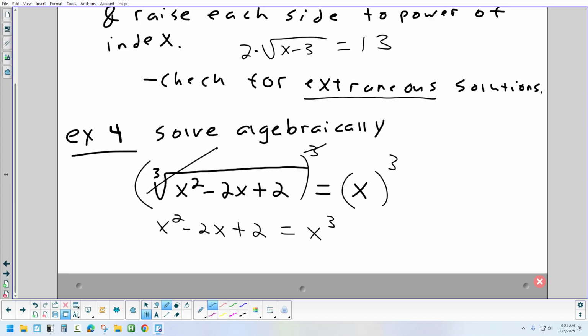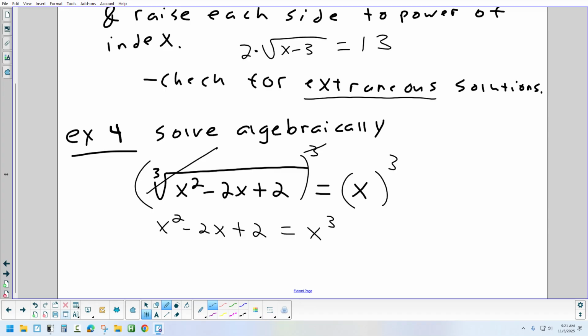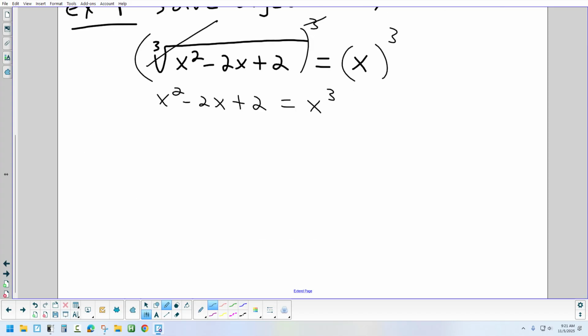What do we generally try to get an equation that's not linear equal to when we're solving it? We try to get it equal to 0. And I generally like to make sure that the term with the highest exponent is positive. So I'm going to move everything from the left over to the right.